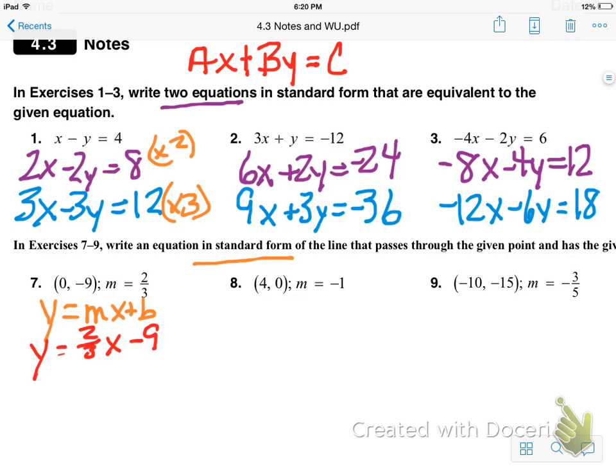And to go from slope-intercept to standard form, you just need to have the x on the left-hand side. So you need to have mx on the left. That means I need to take away 2/3 x from this side, and whatever I do to one side, the golden rule says I have to do to the other.